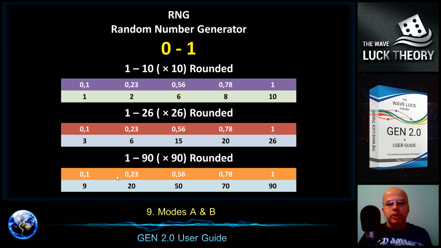Then for the same numbers we have different values like 9, 50, 90. To get number 1, there should be generated something like 0.01. Then by multiplying and rounding you will get number 1.